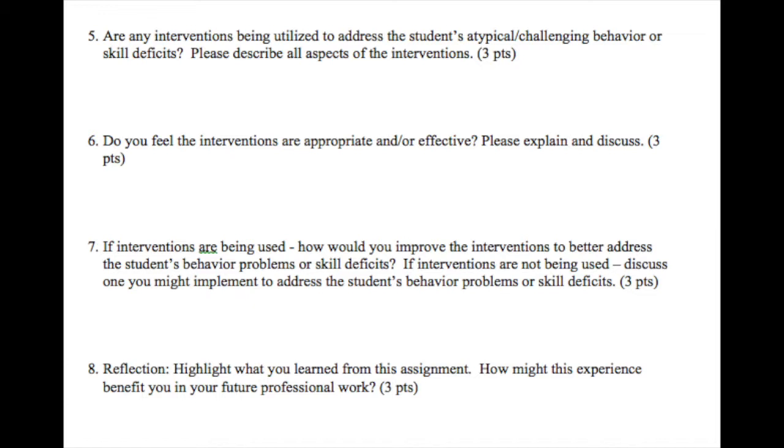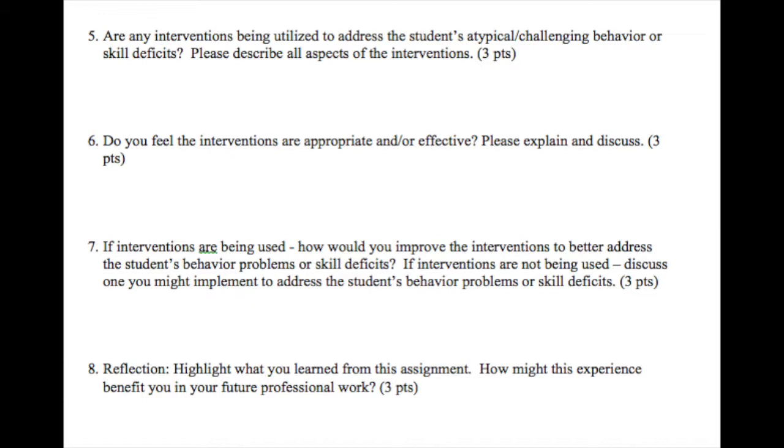Question 7 asks if there is a behavioral intervention that's being used, how would you improve the intervention to better address the problem behavior? Oftentimes there are always improvements we can make to interventions that we have in place. Maybe the teacher should collect data on the intervention, or maybe the student isn't really responding to the intervention, or there's not enough positive reinforcement in it. Maybe you think it is a great intervention, and you can talk about why you think this intervention is fine the way it is.